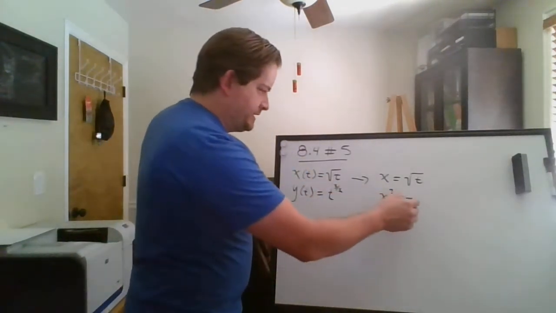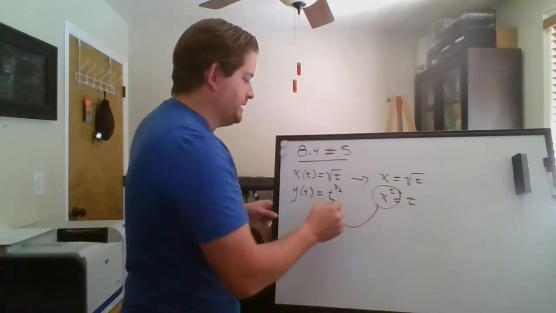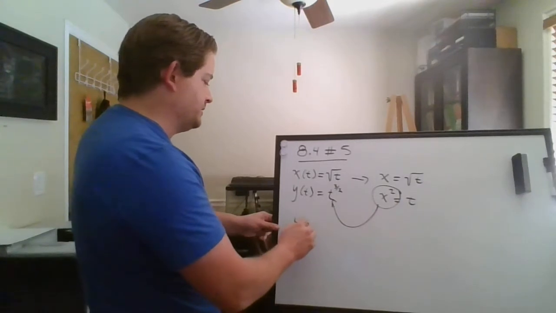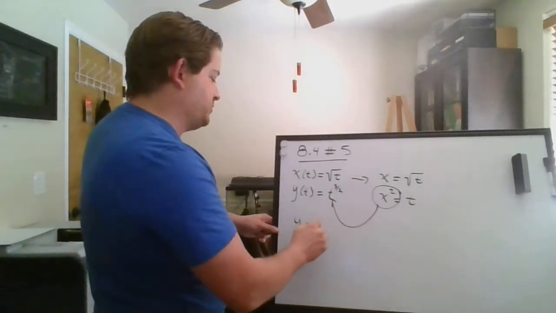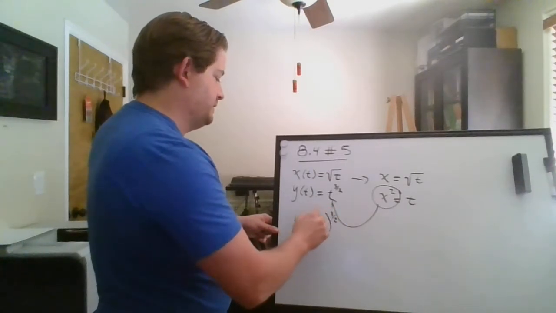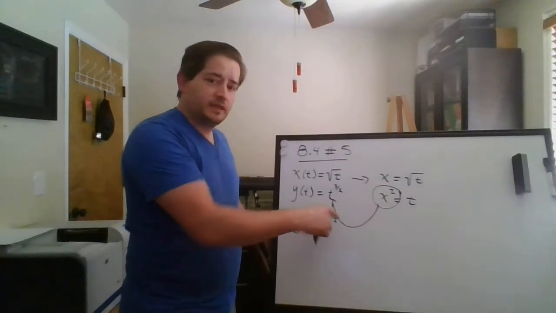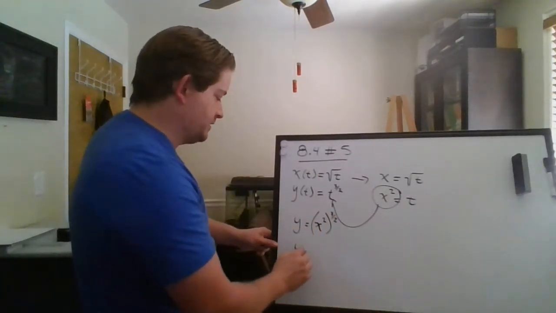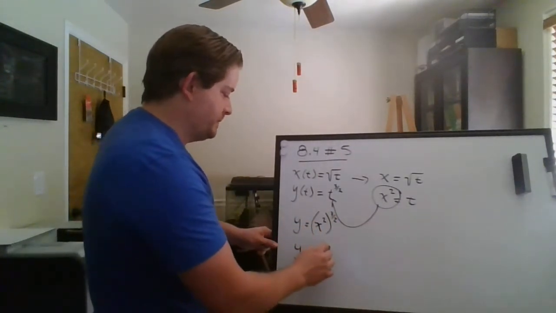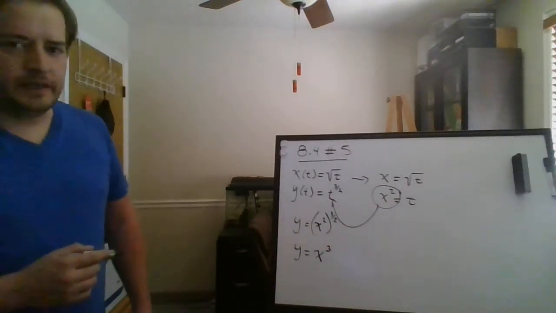I can take this t and plug it into here, replacing my t, so y equals, instead of t, x squared to the 3/2. Multiplying those exponents, that ends up being y equals x to the 3rd. And that's that one.